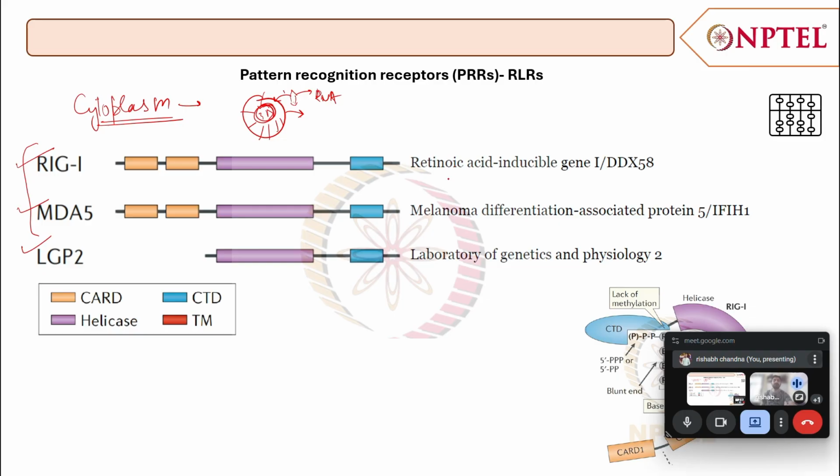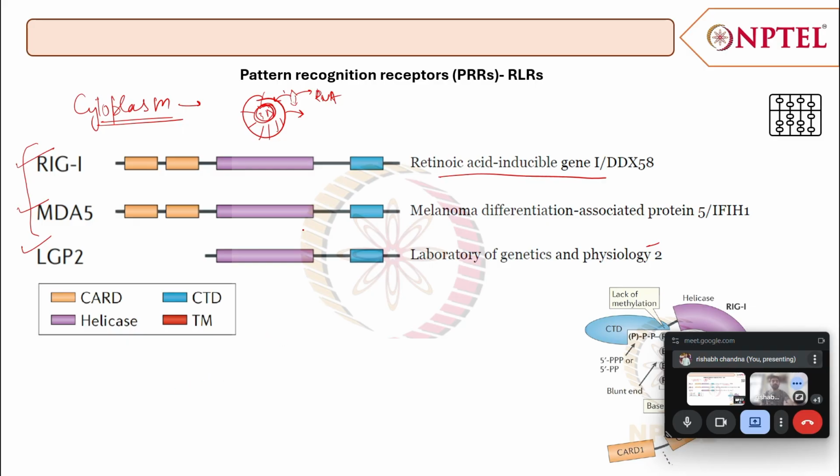RIG1 stands for retinoic acid inducible gene 1, or DDX58. MDA5 stands for melanoma differentiation associated protein 5, and LGP2 stands for Laboratory of Genetics and Physiology 2. These are the full forms of these receptors.